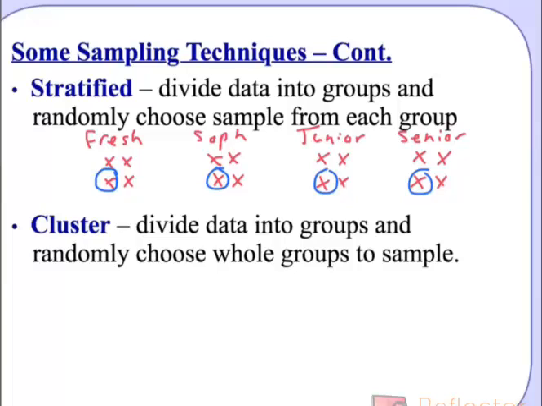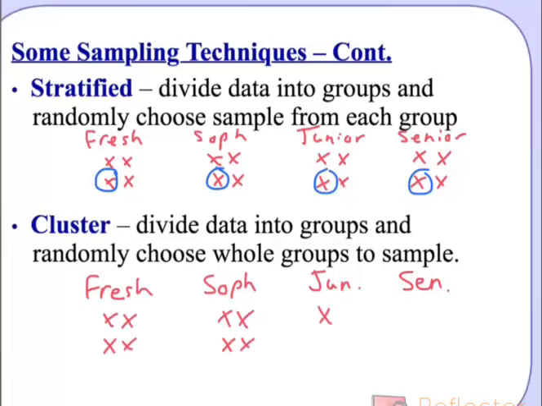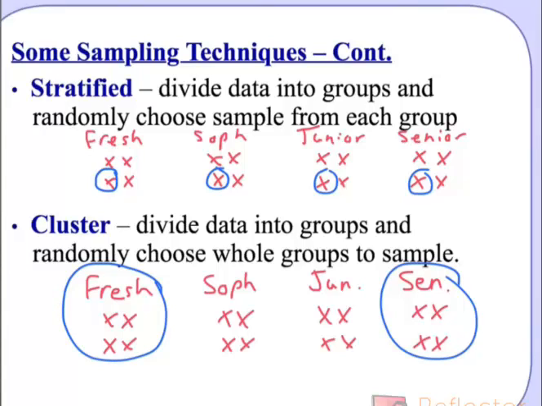Now then, in cluster sampling, we're still divided up into groups, such as our freshmen, our sophomore, our juniors, and our seniors. And I'm going to have, let's say, 4 people in each class right now. But this time, we're going to choose whole groups to sample. Meaning, I'm going to randomly select these 2 groups to sample.